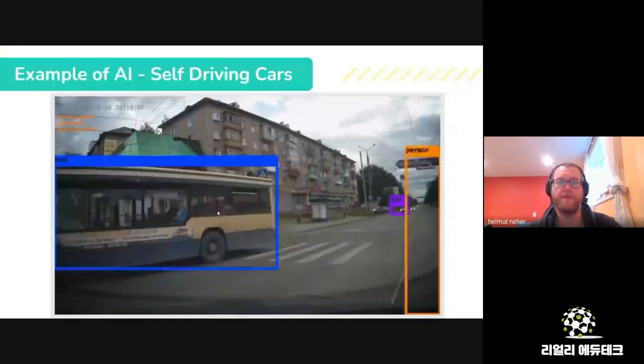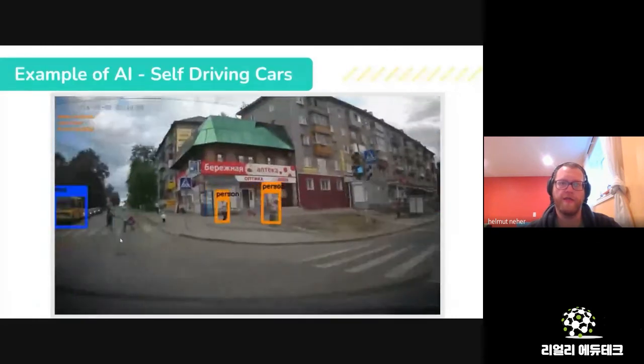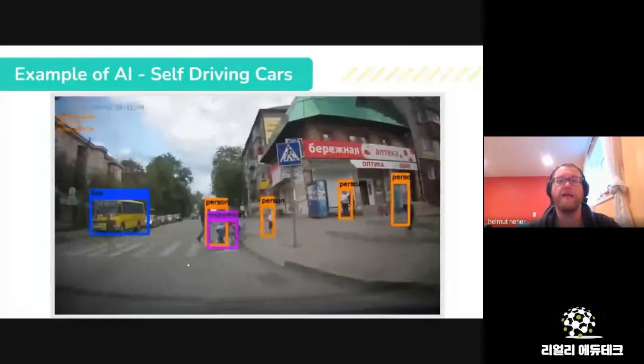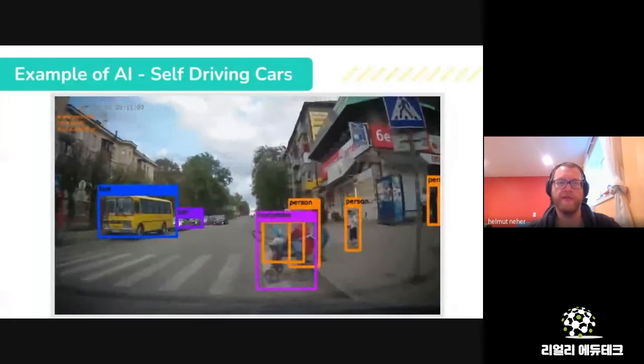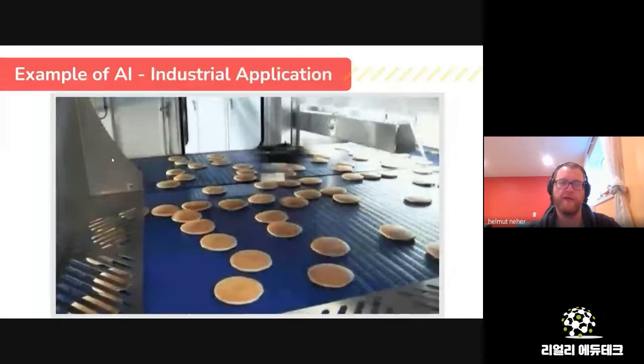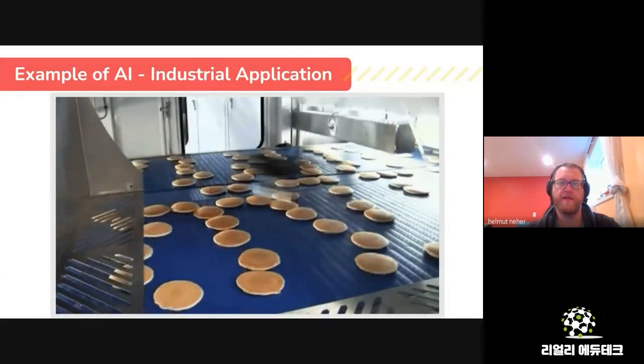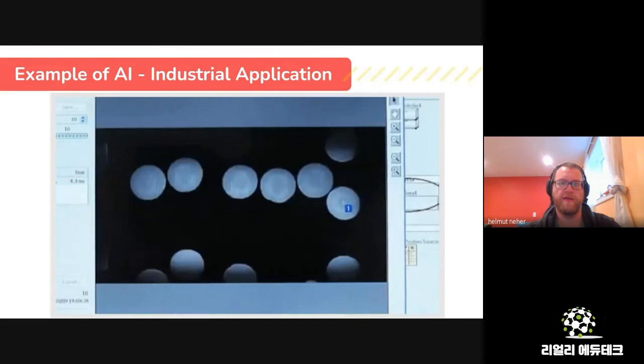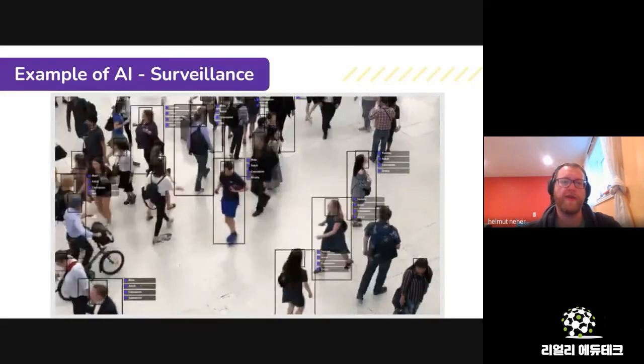Okay, so if you see this right here, this is artificial intelligence. This is what we call AI. We're going to do something like this. This is another example of AI.